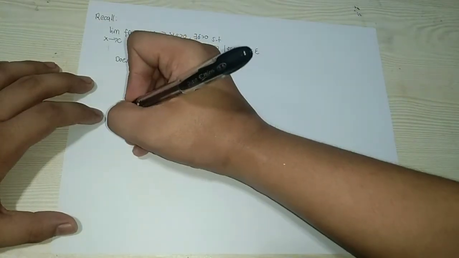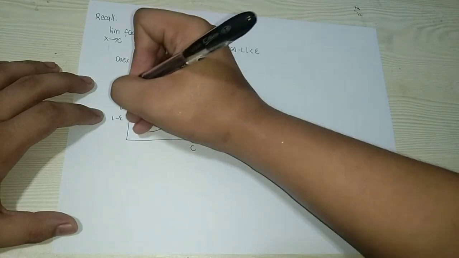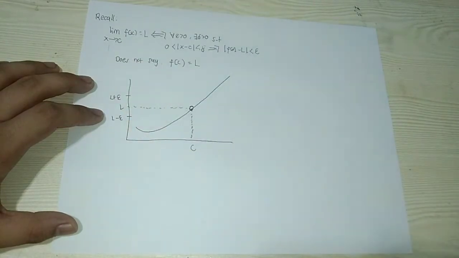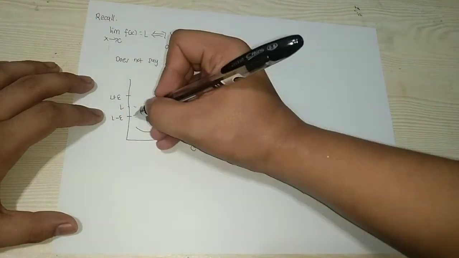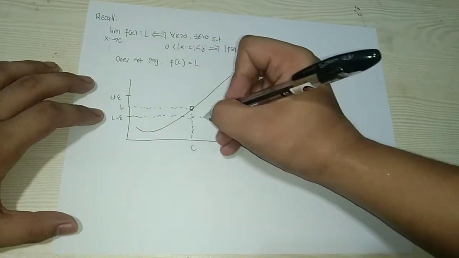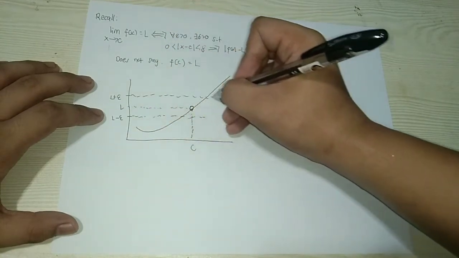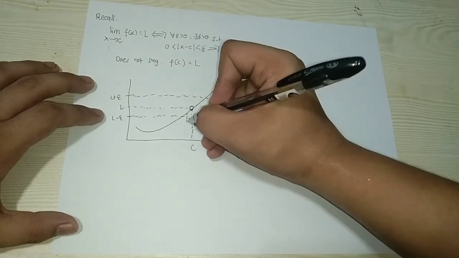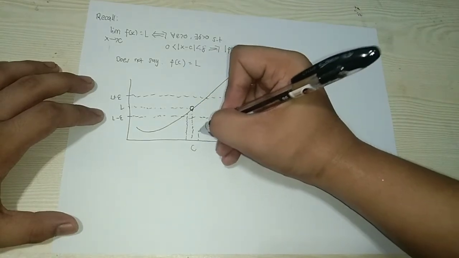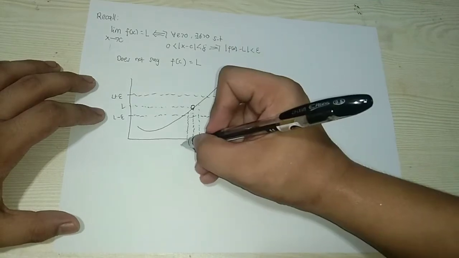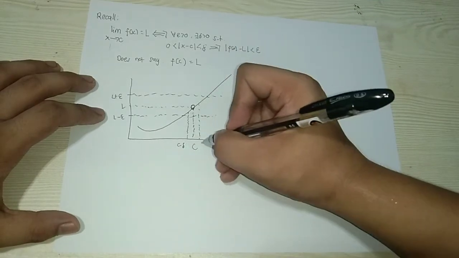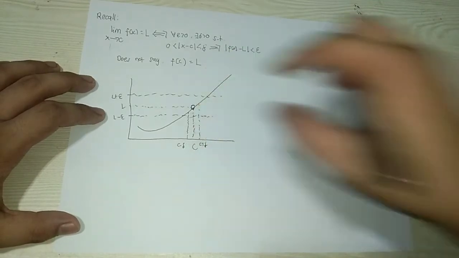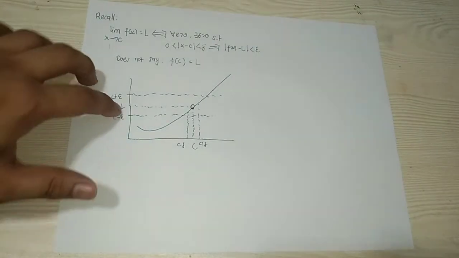And then, let's say, ito yung L minus epsilon, L plus epsilon. Then, let's say, ito yung C minus delta, tapos ito yung C plus delta. So, ito yung limit niya. Ang limit niya ay L.